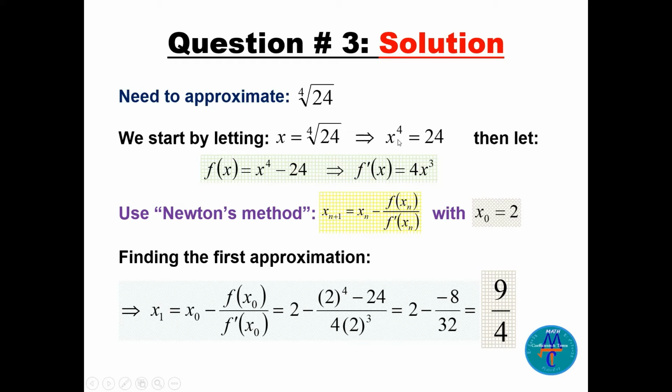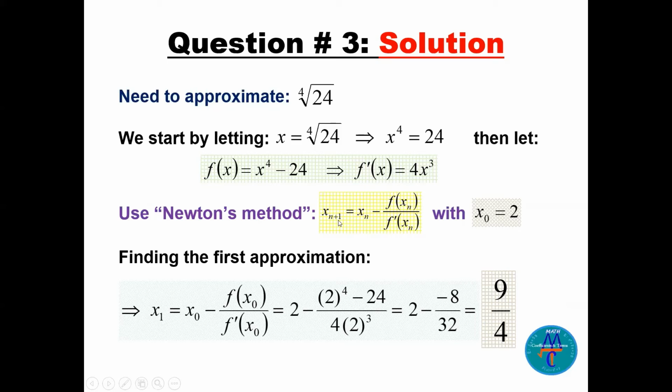Now bring 24 on this side and make a function. So the f of x now will be x to the power 4 minus 24. So that's a function. When you find the zero of this function, it will be the value of this fourth root of 24. So f prime will be only 4x cubed. Use Newton's method.